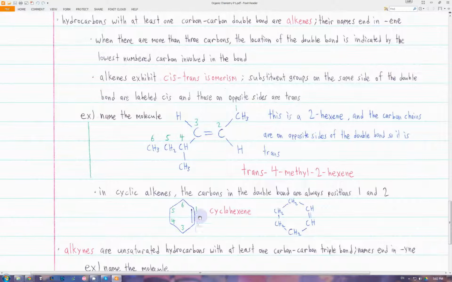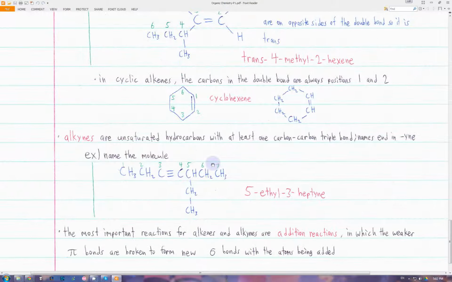So in a cyclic alkene, there is no need to specify the position of the double bond, since it's always going to be at 1 and 2. So this is cyclohexene, and here is the more detailed drawing of it. You can see the double bond here, represented by the double lines.